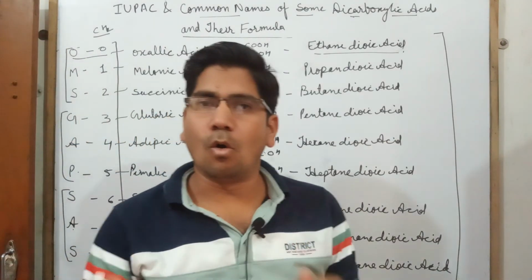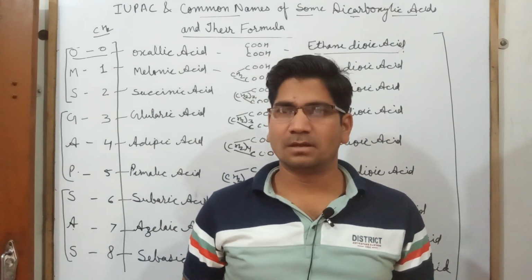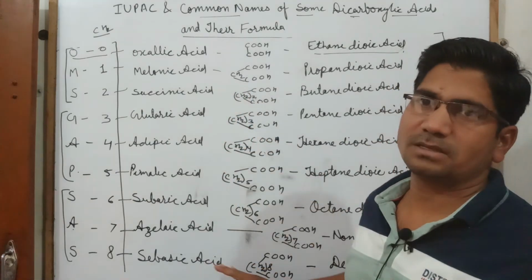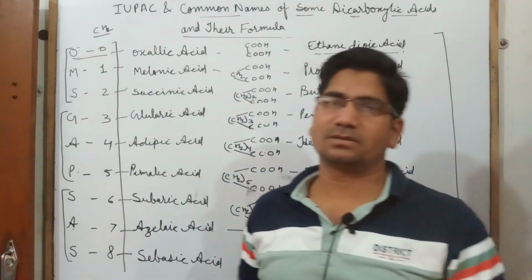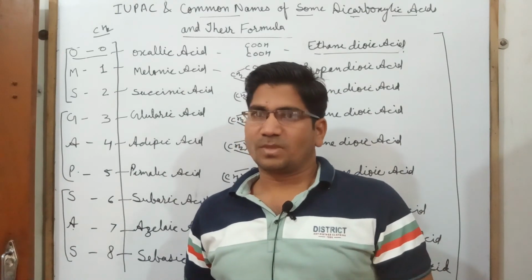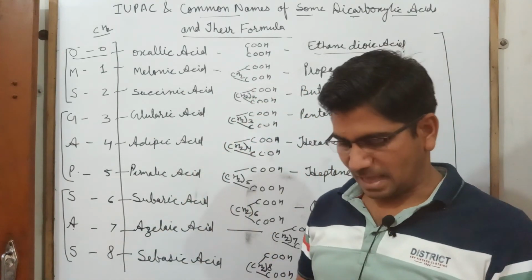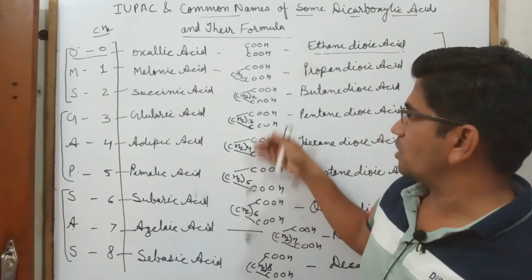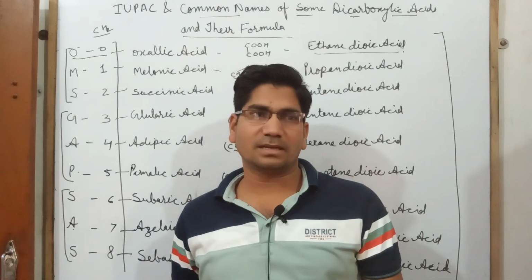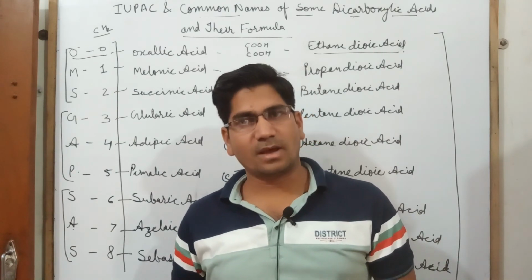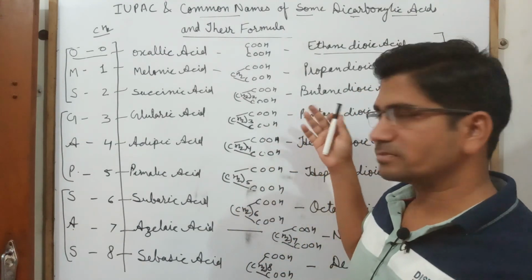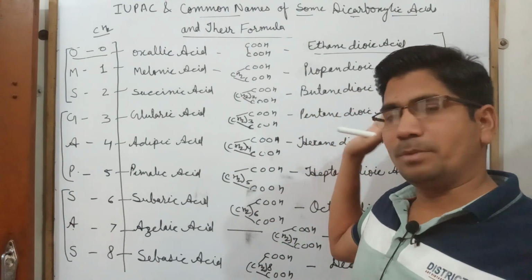Just learn Ohm's gap SAS. This formula will make you learn all these chemical formulas and their names, common as well as IUPAC names. In our next class, I'll talk about succinic anhydride, succinamide, so these structures and names will be easy then.